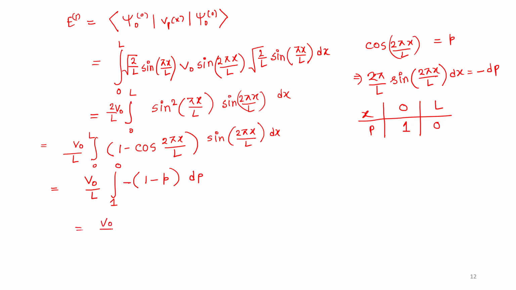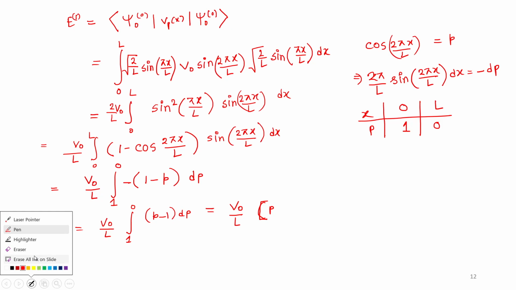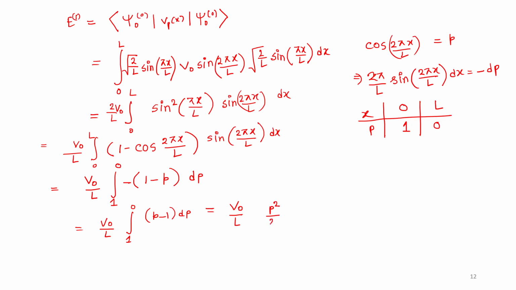So V0 by L, 1 to 0, p minus 1 dp, which is nothing but V0 by L, p square by 2 minus p, 0 to 1.